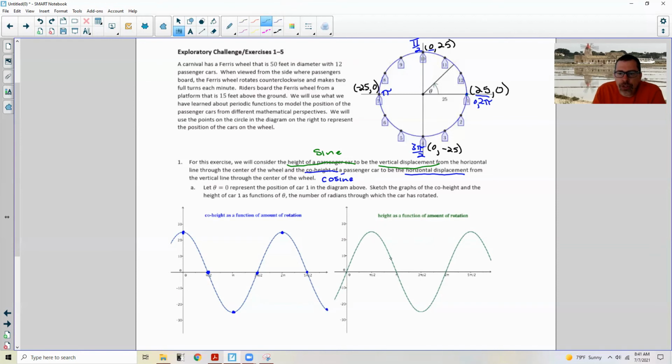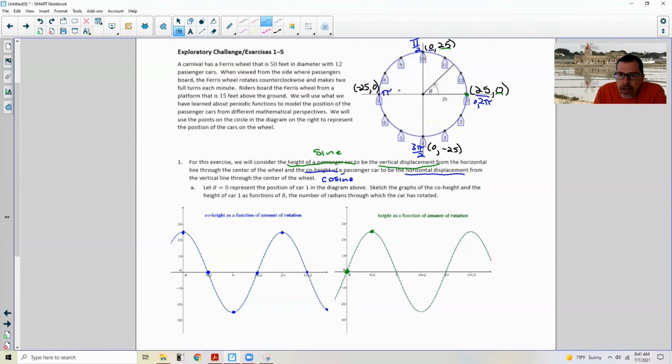And then if we graph the height of the function, that's our y. Our height is y. At time 0, we're starting in car 1, my height is 0. At pi over 2, my height is 25.